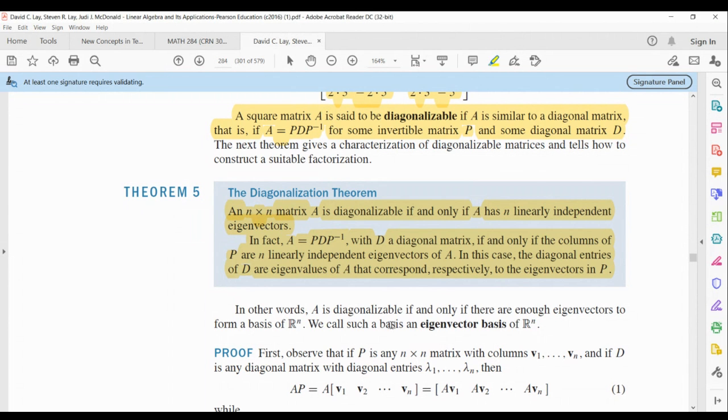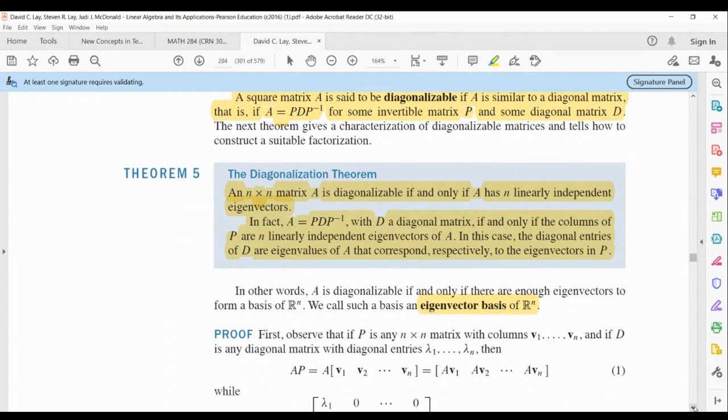In order for a matrix A to be diagonalizable, you need to have an eigenvector basis of your n-dimensional space. And the matrix A is n by n.